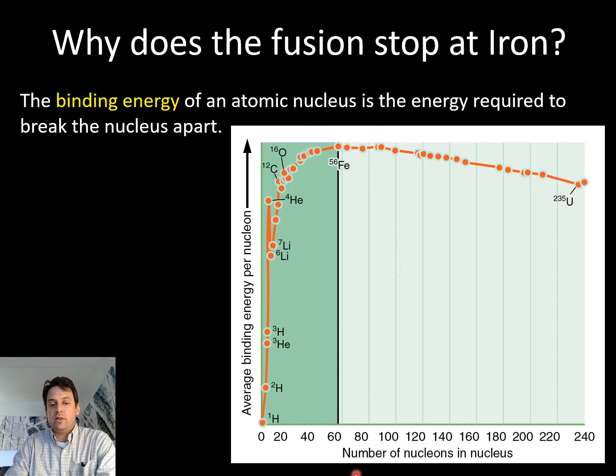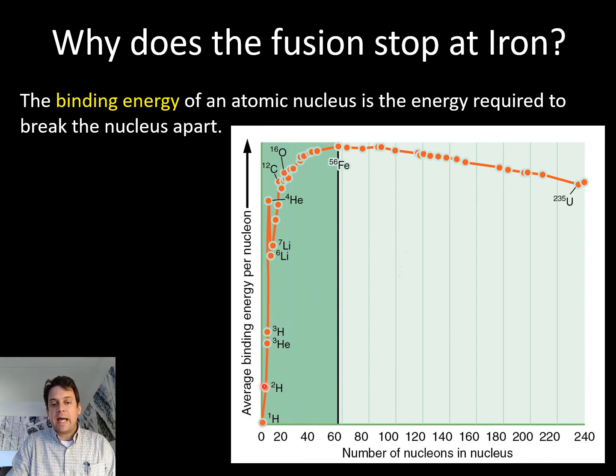What you'll notice is that at low nucleon number, this plot jumps up very rapidly. Not surprisingly, hydrogen-1, a proton, does not have any binding energy because it doesn't take any energy to combine a proton with nothing, right?